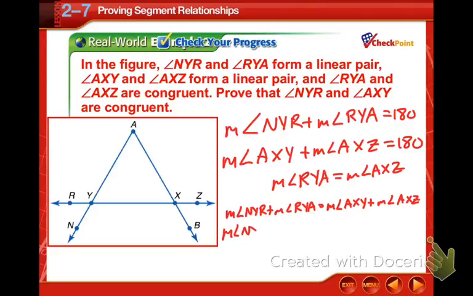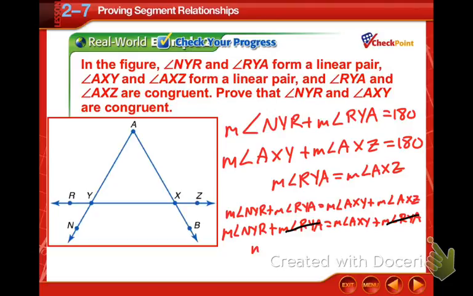The measure of angle NYR plus the measure of angle RYA equal to the measure of angle AXY plus the measure of angle RYA again. And again, we have RYA on both sides, so we can cancel those.